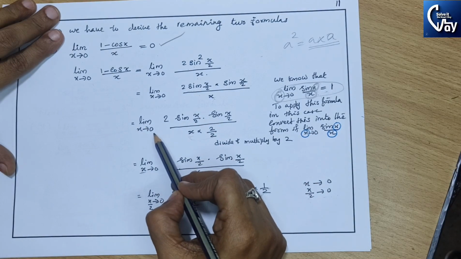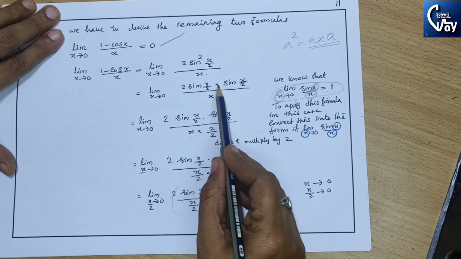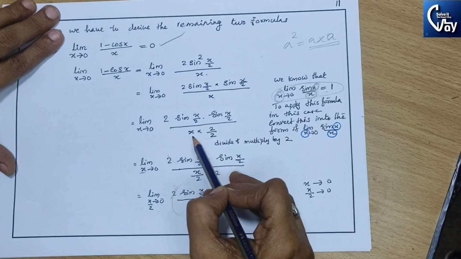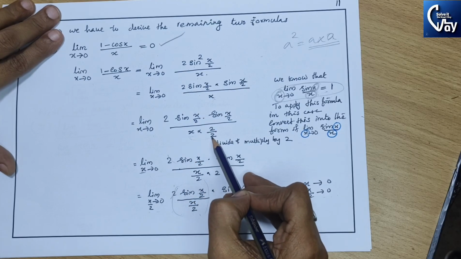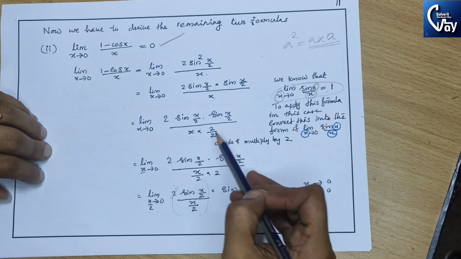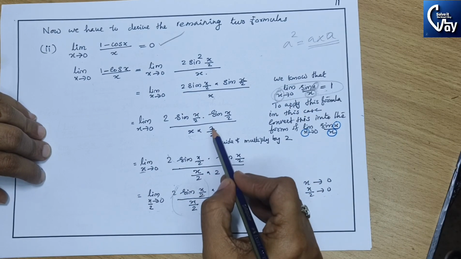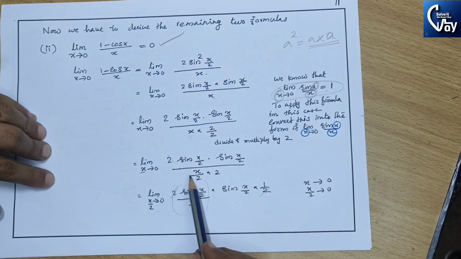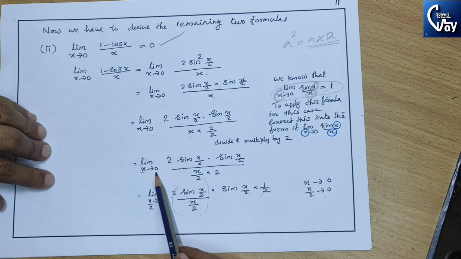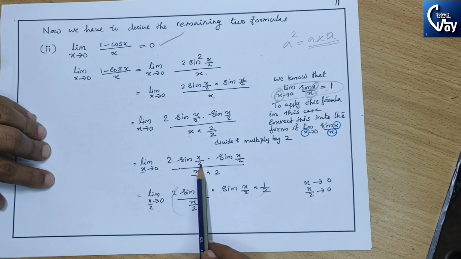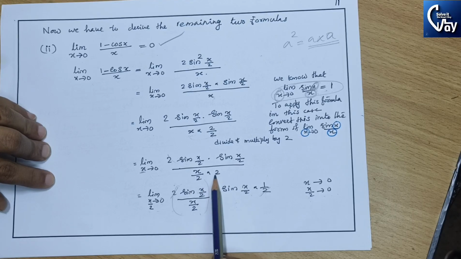So limit x tends to 0, 2 into sin x by 2 into sin x by 2, by x, into 2 by 2. 2 by 2 is 1. So this 2 we write here and this 2 keep it here. So the equation becomes limit x tends to 0, 2 into sin x by 2 into sin x by 2, by x by 2 into 2. This 2 can be written as into 1 by 2.